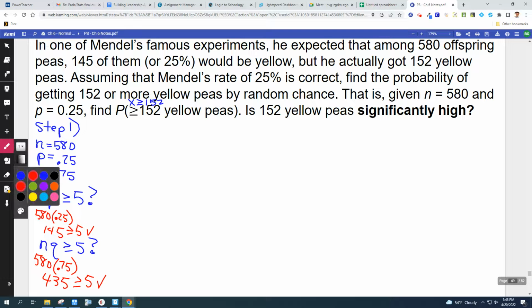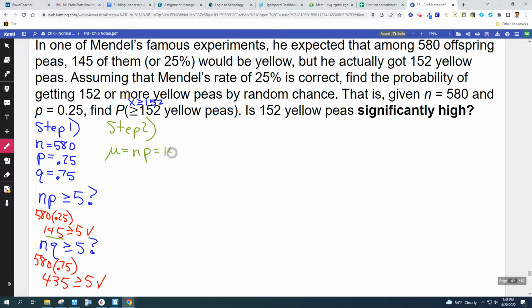Step 2. We want to find the mean and the standard deviation. Well, the mean equals n times p, and we just did that a minute ago and got 145. The standard deviation is the square root of n times p times q. N times p times q, that is 580 times 0.25 times 0.75.